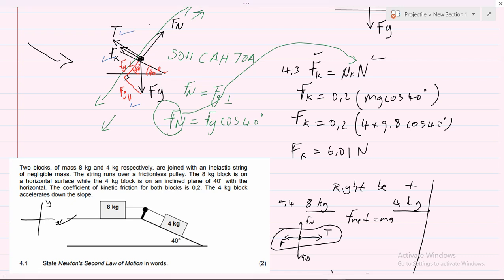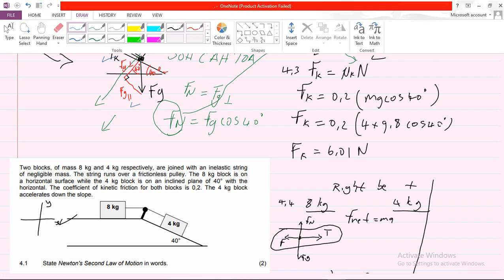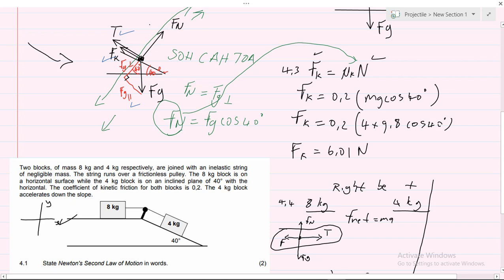We are only going to consider those forces. The others we ignore, as they have no effect on this motion.